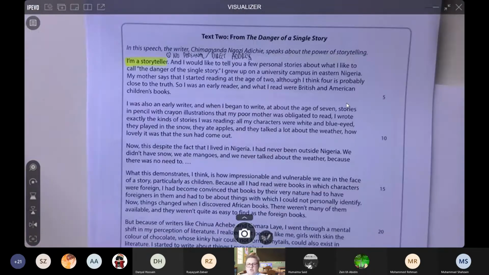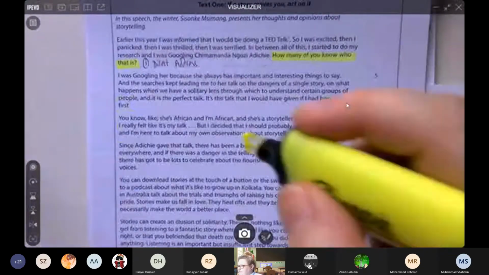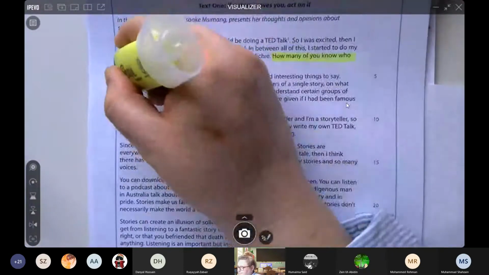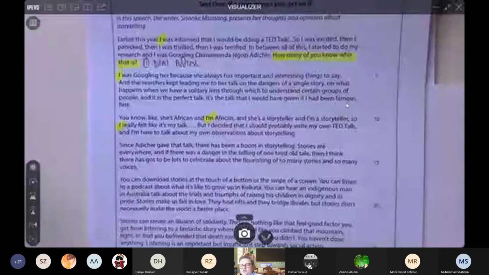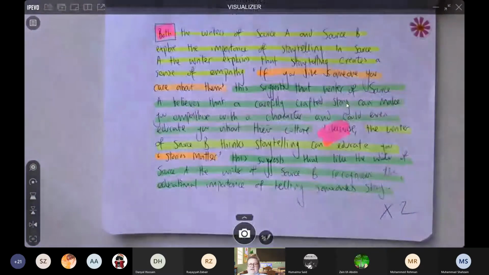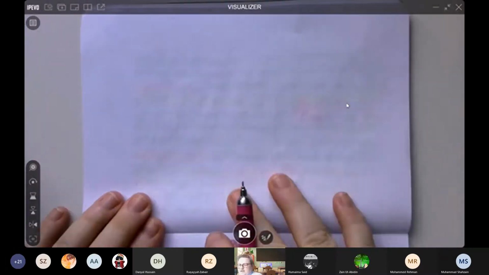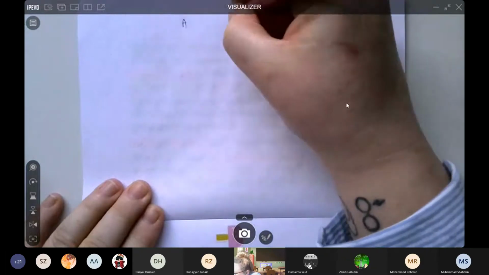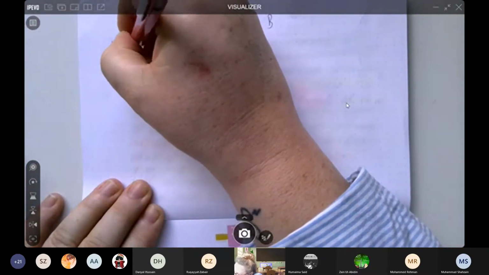Another thing that we could obviously both highlight is the use of personal pronouns. Okay, so both writers are using personal pronouns. So let's take this as our planning tool again. So we've got A and we've got B, and then we're going to think in terms of methods.